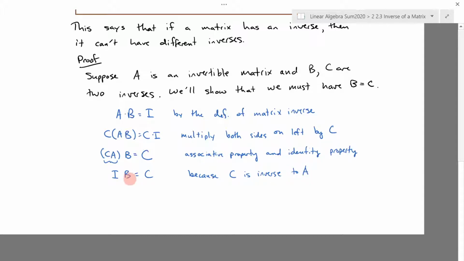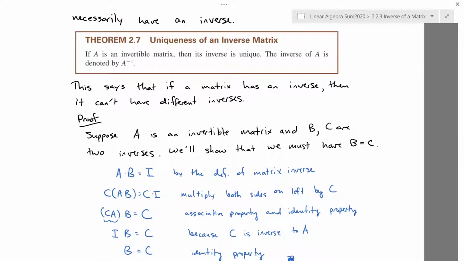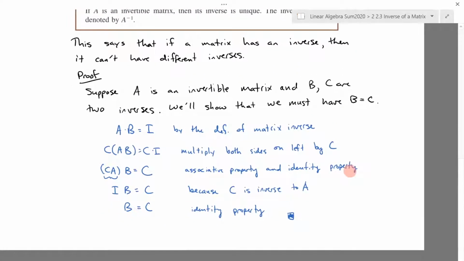But then the identity times B is just B, and so this shows that B is equal to C. Basically, this shows that if you were to start out with two inverses B and C, they should have been the same all along. That means you cannot have two different inverses, and so this proves the theorem that the matrix inverse is unique.